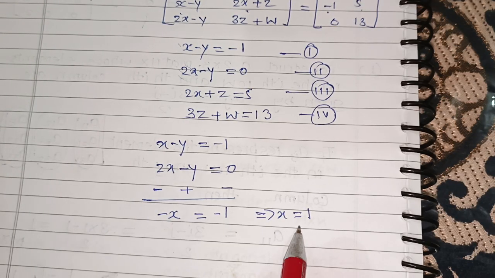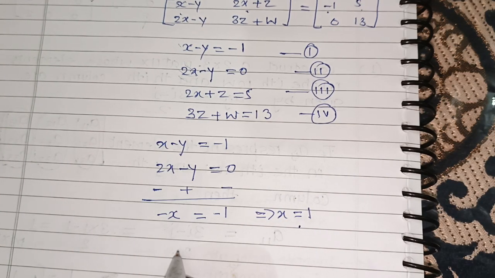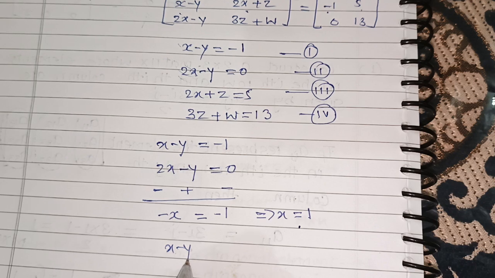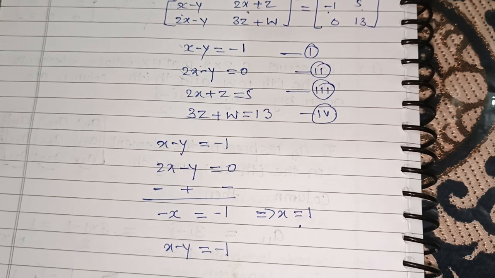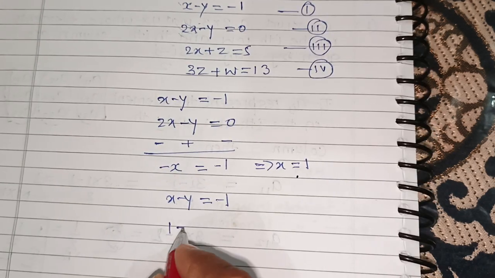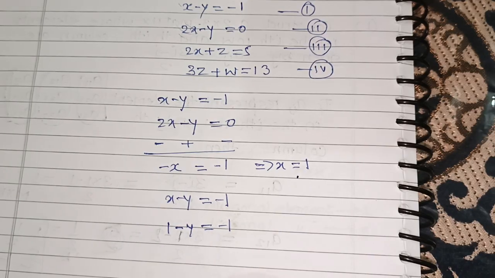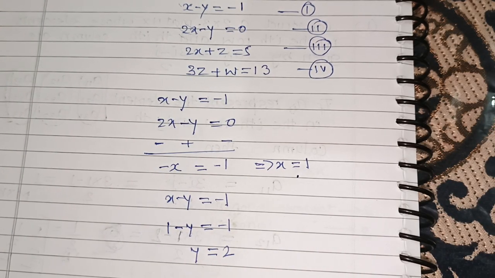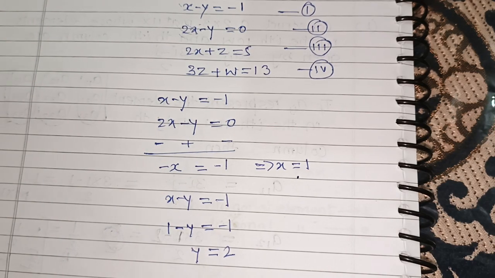We put the value of x in equation first, so x minus y is equal to -1, so here 1 minus y equal to -1, so y is equal to 2. So we have x equal to 1 and y is equal to 2.